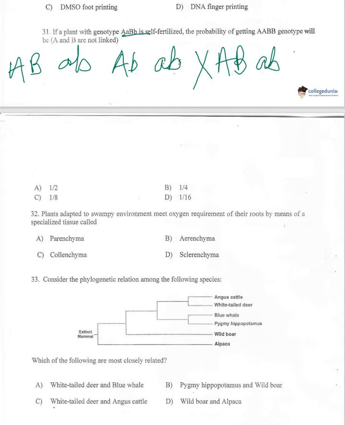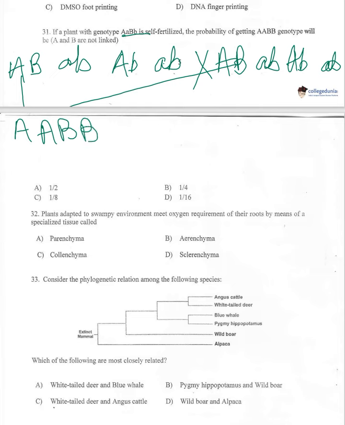So we will see the combination when this and this are fertilized. Only in one combination will we get the genotype aabb, and the probability of that is only 1 by 16. So option D is correct.